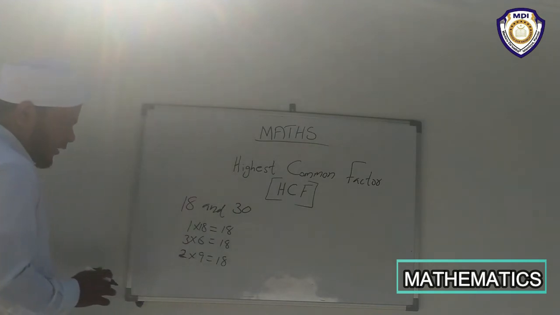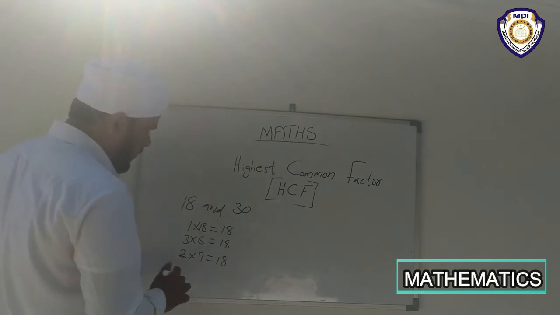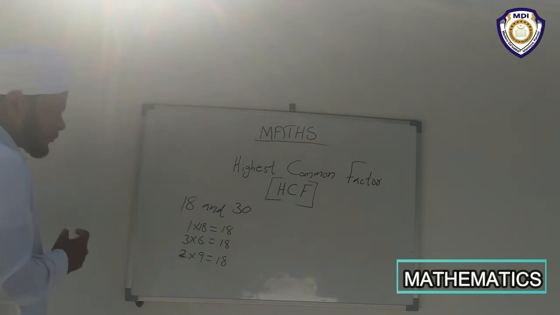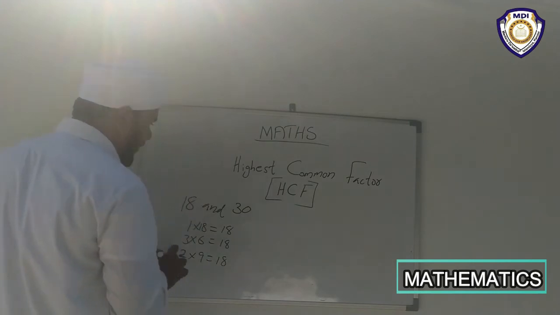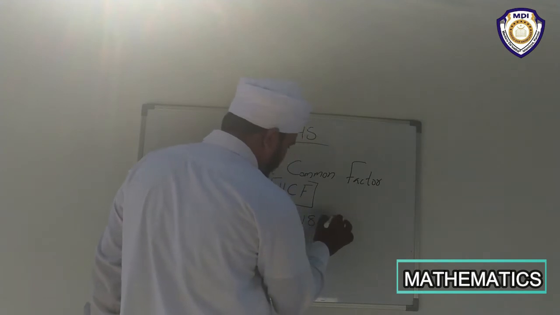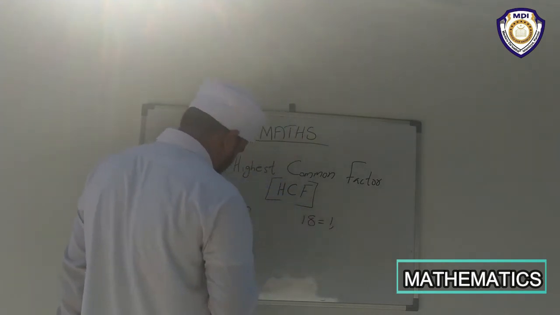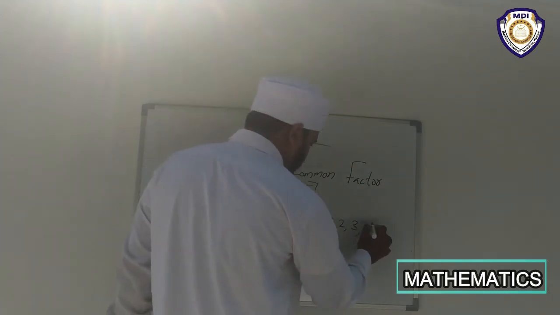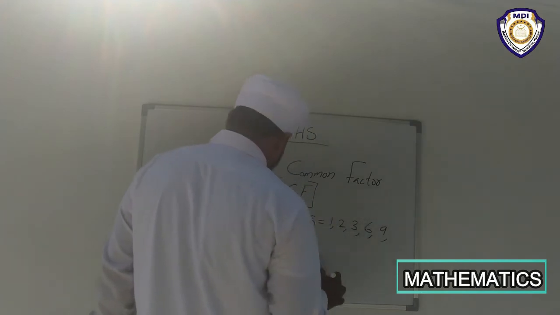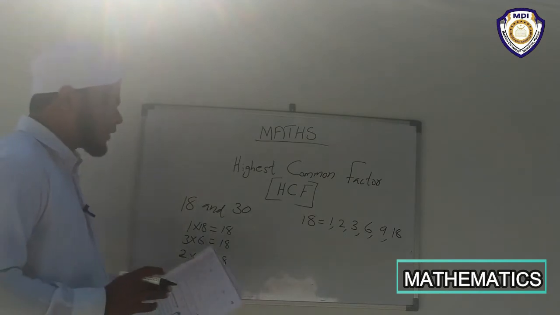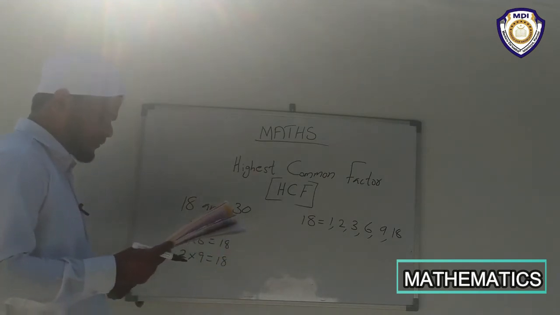Is there anyone else? No. Okay. Then just write here, factors of 18: 1, 2, 3, 6, 9, 18. These are the factors of 18.